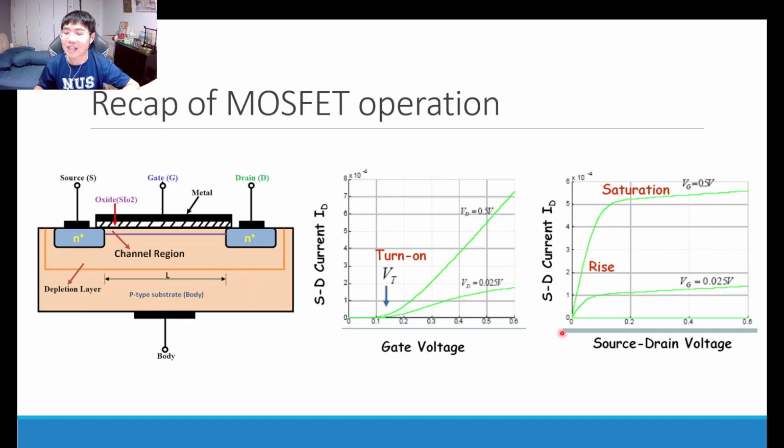One thing we notice is that when source drain voltage increases past a certain point, it reaches a saturation region, and that's because the pinch off effect starts to be observed, where even though your source drain voltage is increased continually, current does not continue to increase because the pinch off effect means that there's a limitation and eventual plateau of the current that's able to flow from the source to the drain. This was covered in greater detail in the first video series, and you can refer to that for a more in-depth explanation with a greater number of diagrams.